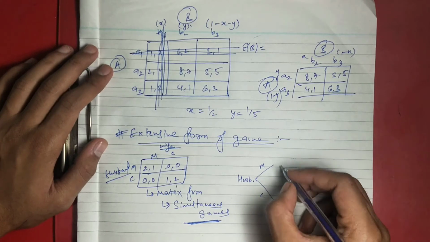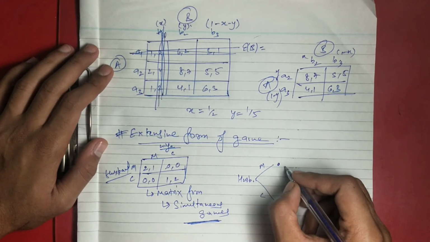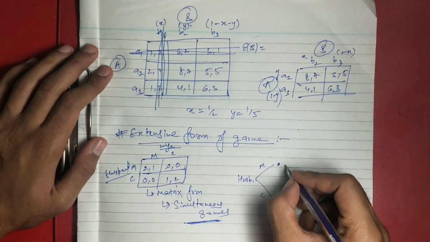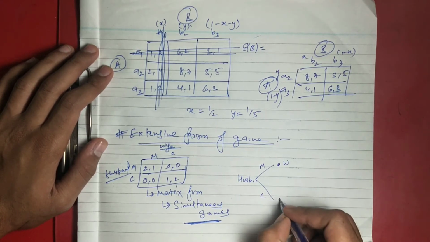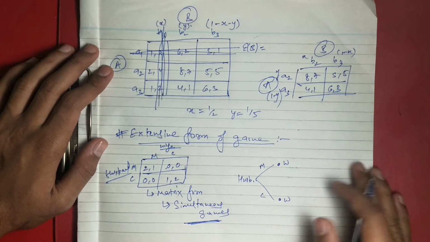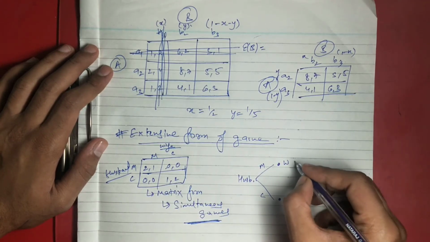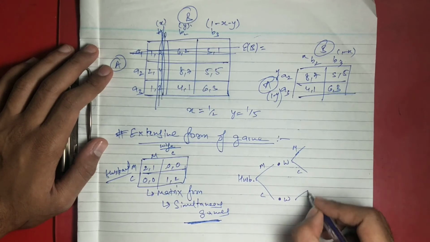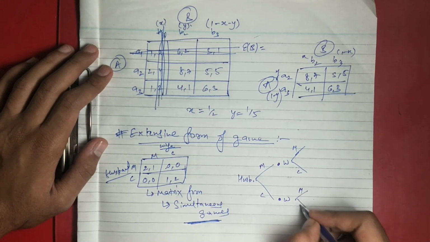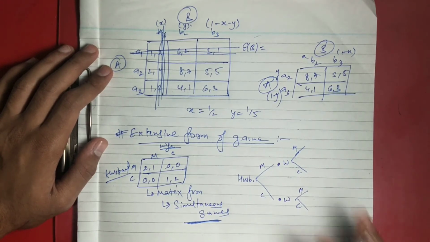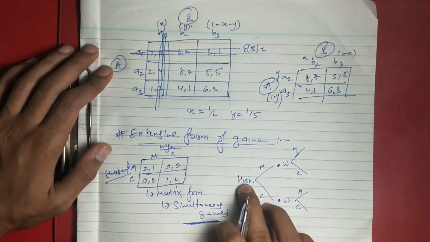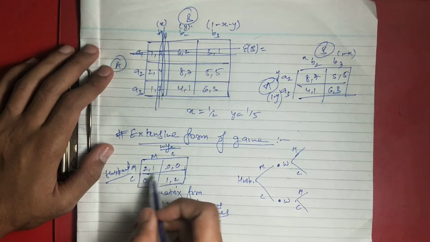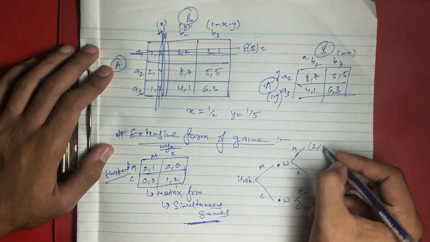Now here comes the move for the wife. Now it's the chance for the wife to choose whatever she wants. Wife also has two options, movie, concert. Here also movie, concert. What is the outcome when husband chooses movie and wife also chooses movie? It's this one, so it's 2, 1.